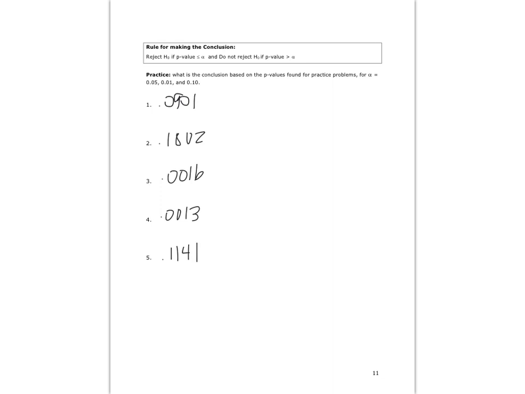All right, so for number 1, 0.0901, well, that is greater than 0.05 and 0.01. So we will, I'm going to abbreviate here, do not reject for alpha equal to 0.05 or 0.01.